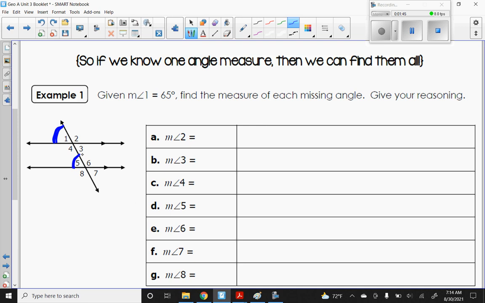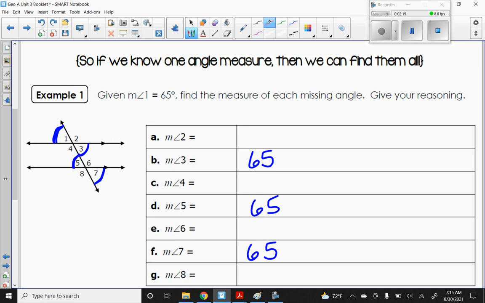Angle 3 is vertical to angle 1 and alternate interior to angle 5. Angle 7 is another one of these acute congruent angles because it is vertical to angle 5. So you should have 4 angles in here that are 65. We already know one is. So 65, 65, and angle 7 is our last one.